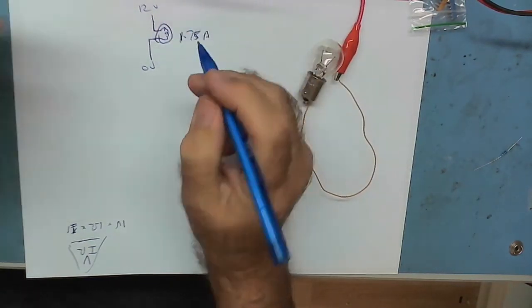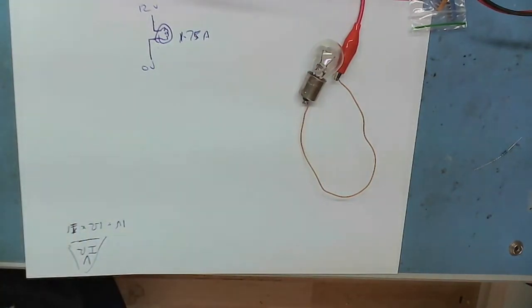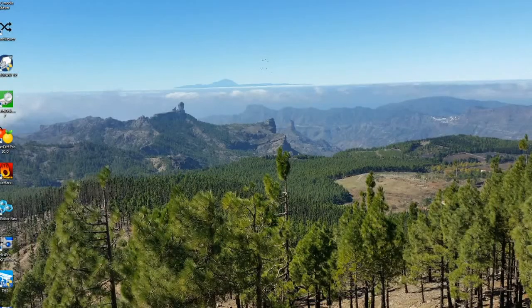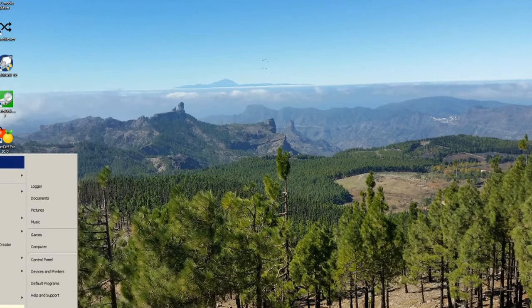What is the resistance of the light bulb? So let's have a quick look at the resistance of the light bulb. Let me go onto the screen capture. Calculator, yeah.